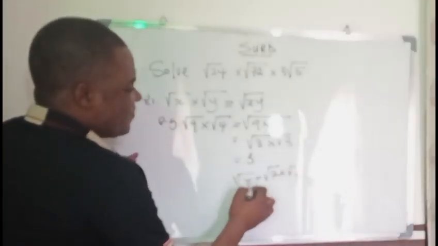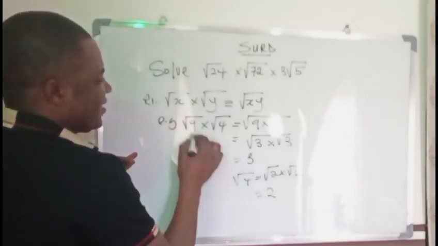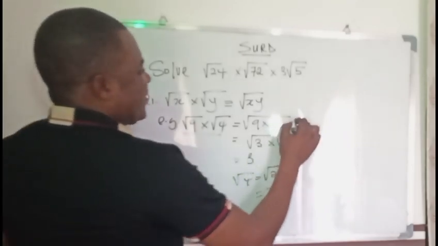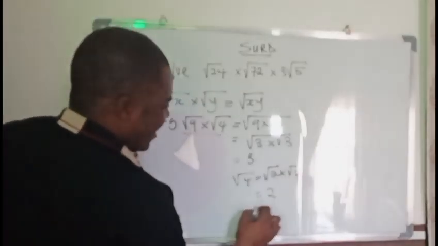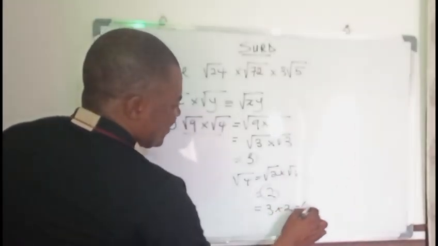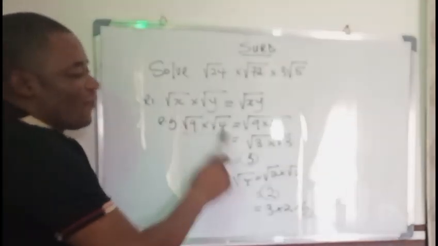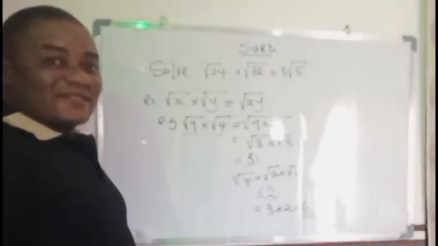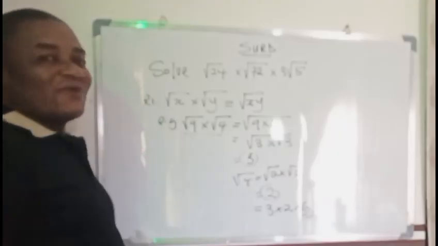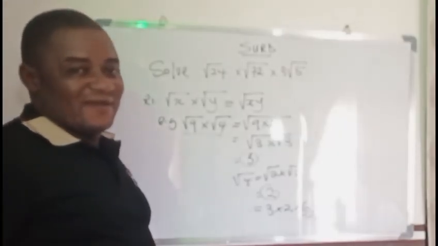Because they are the same, you can easily pick 2 out of them. So it means that this can simply be given as 3 times 2. And this will give us 6. So it means that √9 times √4 is 6. That is what the first rule of surds simply explains.